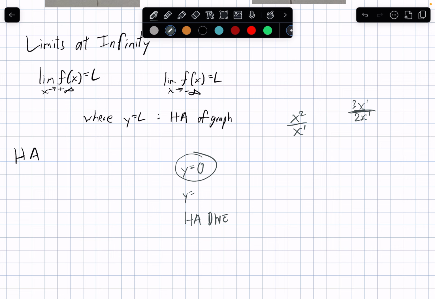In that case, if the degree is the same, the horizontal asymptote, I believe, would be 3 over 2. You just copy the coefficients in that fashion. And the horizontal asymptote does not exist if the degree of the numerator is less than that of the denominator.